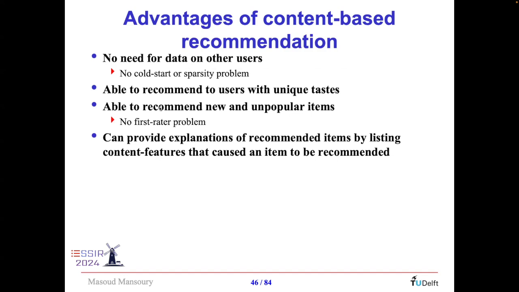Also, these models are able to accurately predict the preferences of users with unique taste, for example, niche users interested in unpopular items, where collaborative filtering would fail to capture their preferences.